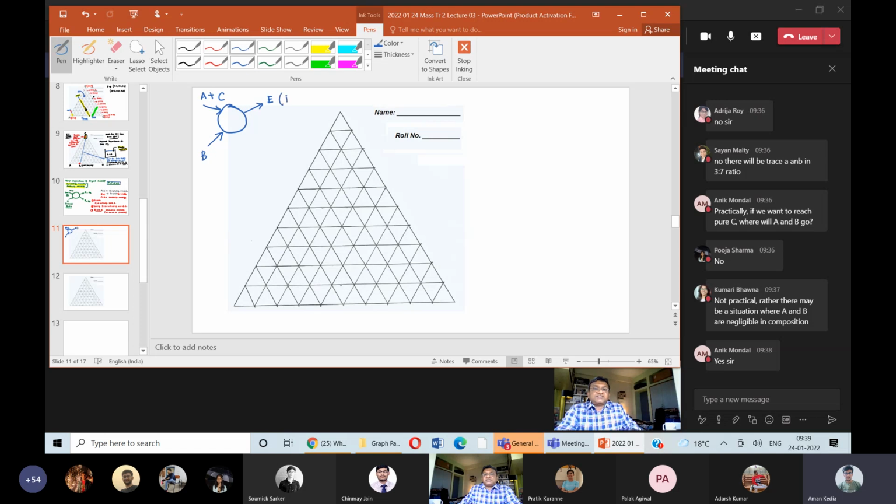What will be the extract? B plus C plus trace A. This is your raffinate. This will be A plus C plus trace B, right? And we mark A here, B here, C here. And what about the relative miscibility and immiscibility?